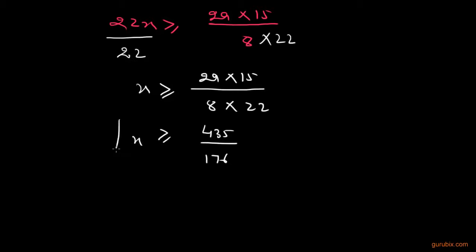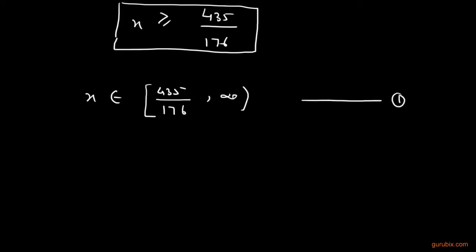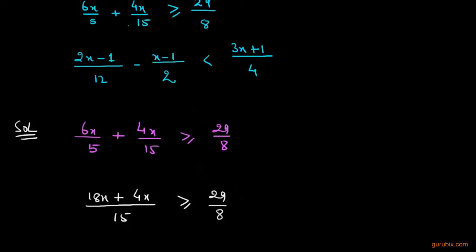So x is greater than or equal to 435 over 176. So the interval is x belongs to the interval 435 over 176 to positive infinity. Let this be our interval number 1, the solution of part 1.